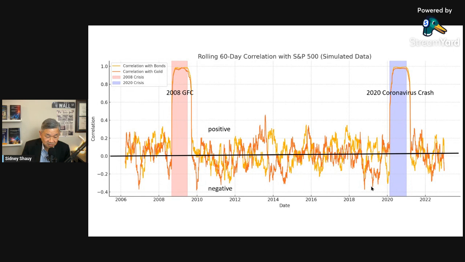So here is an illustration of the correlation with bonds and gold during the 2008 great financial crisis and the coronavirus crash in 2020, how it just jumped and tended very positively to one.